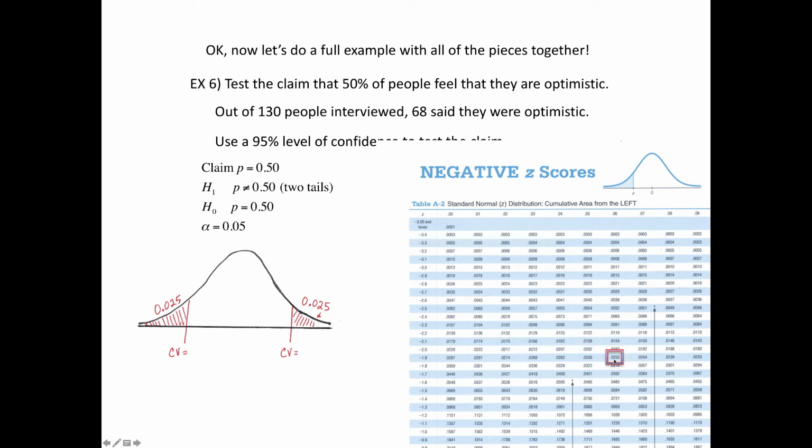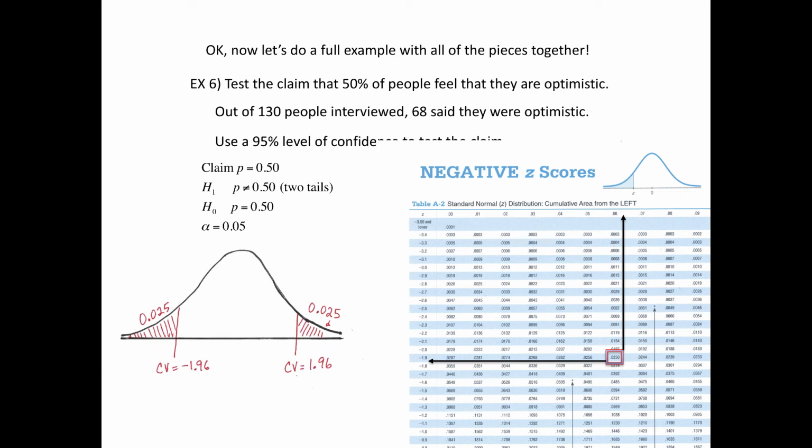I just found it because it's inside this little rectangle. Then look to the left, and it says it's going to be negative 1.9. Then look to the right, and it's going to be a 6. So the critical value is negative 1.96 on the left and 1.96 on the right.